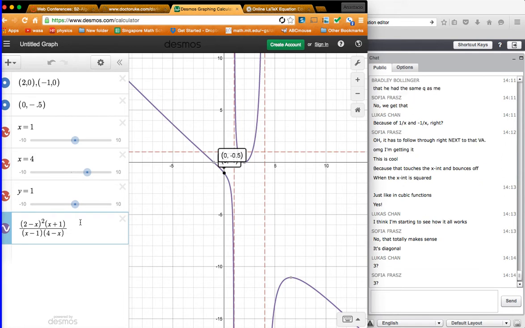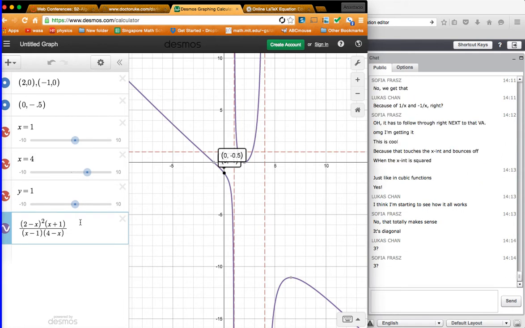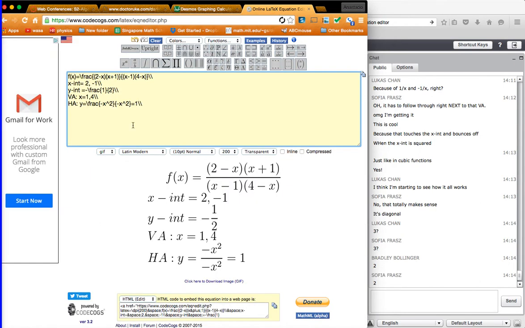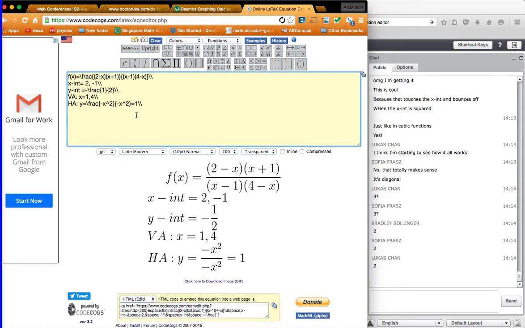Cubic, good. It's x cubed on top. I agree. What is the degree of the bottom, or what's the function on the bottom? Squared. Okay, so what I have, actually it's negative x squared actually. So I have positive x cubed over, look right here, positive x cubed over negative x squared.